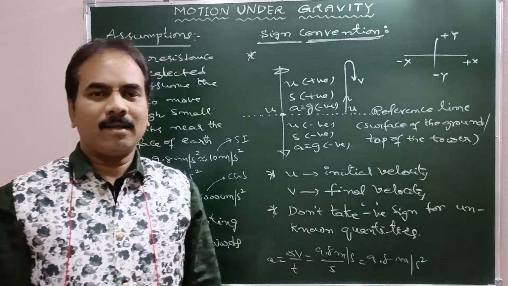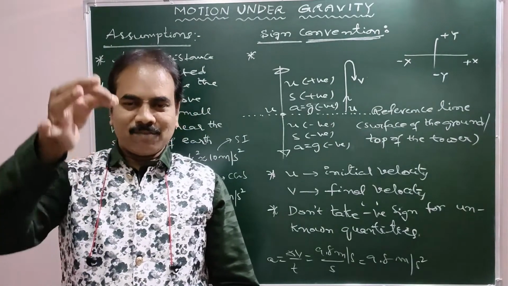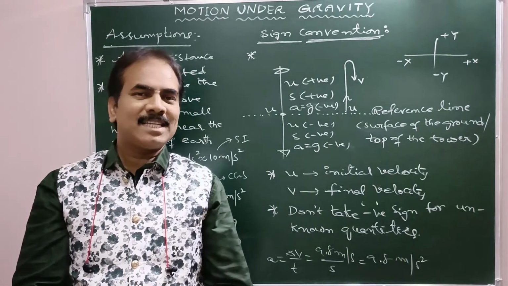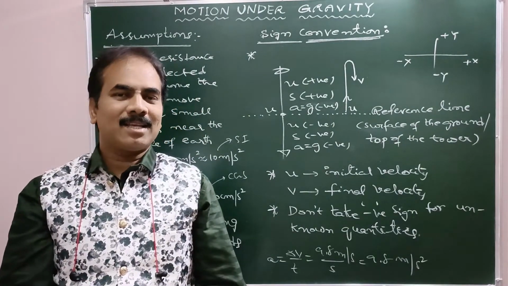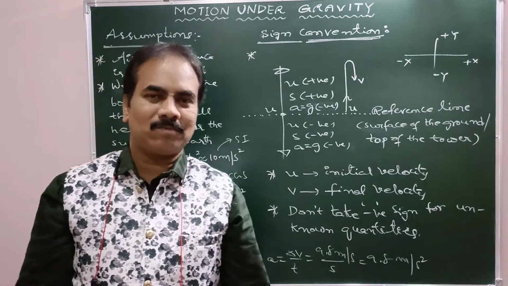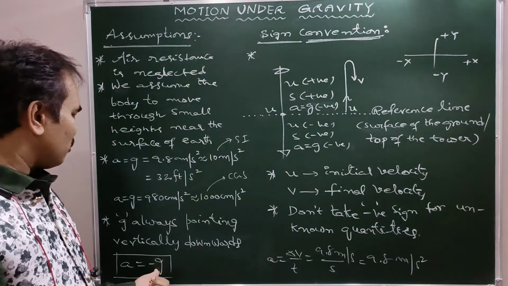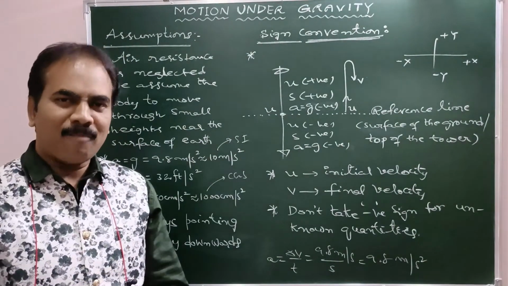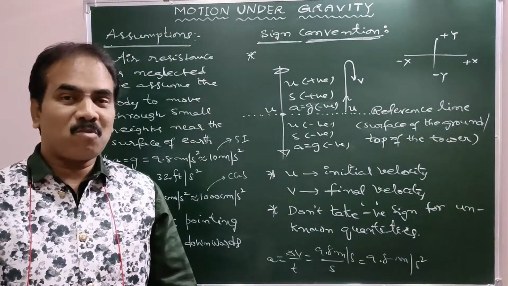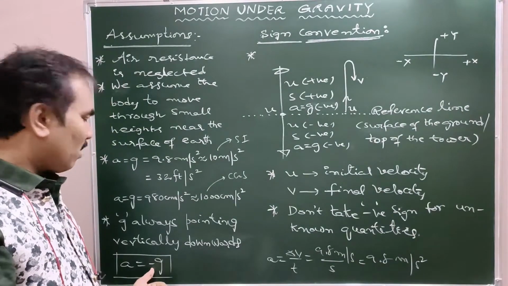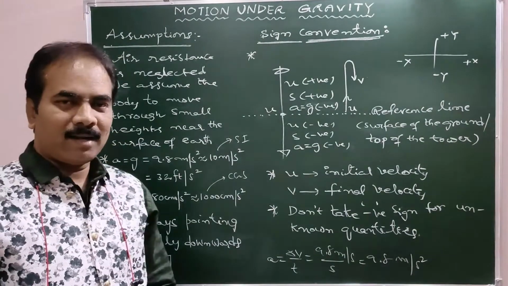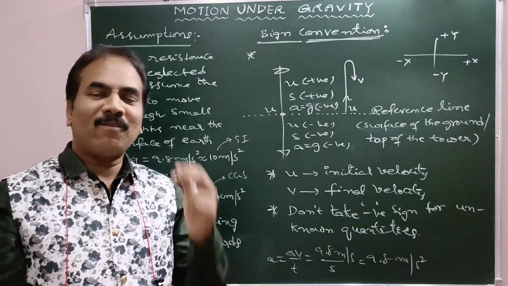Suppose G is vertically downwards, what is the sign convention? That is, A is negative, right? Vertically downwards, negative. So A equal to minus G in case of body going up or body coming down. Irrespective of direction of motion, acceleration due to gravity is always negative, minus G, as gravitational force is acting vertically downwards.